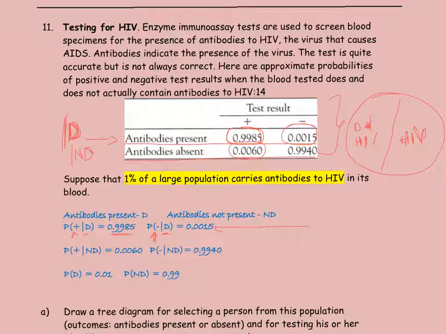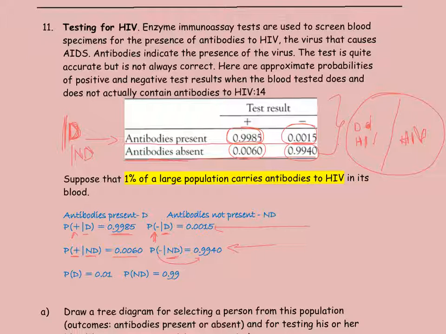So knowing that the person did not have the disease, the probability that he or she tested positive was 0.0060, a small chance. Now the second number, again, belongs to the group that we know does not have the disease. So given that they do not have the disease, 0.9940 was the probability that they tested negative, which was a correct result.